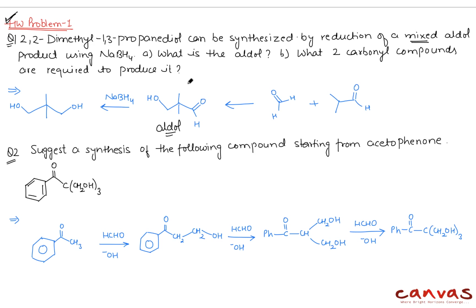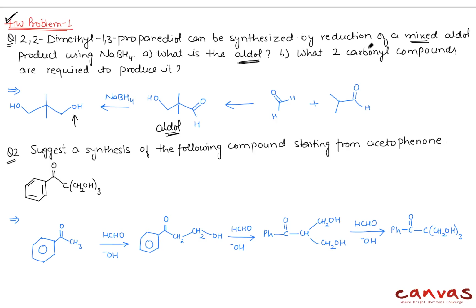That keto group will be converted to OH group because of the reduction. So because it is a symmetrical molecule, you can choose either OH group and convert it back into keto. So I chose this one and I converted this back into keto form. Okay, so this is the aldol product that is asked in the first option.